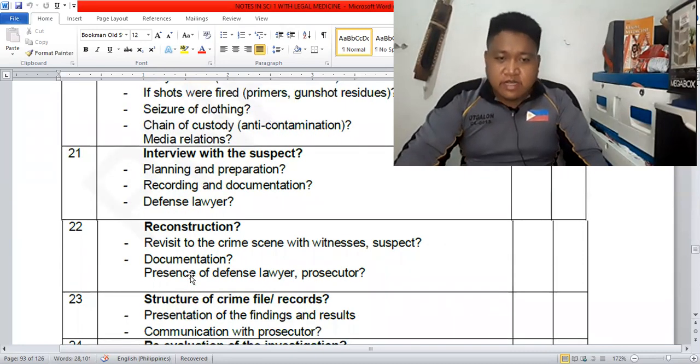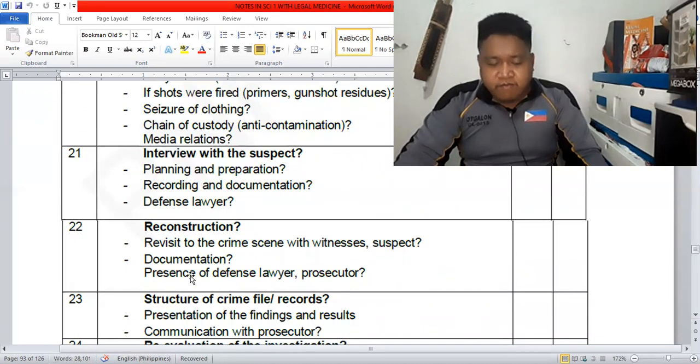Yan, parating andyan. Bakit kailangang may lawyer and the law mandates it? Because lawyers are the authorities to protect your rights against abuses.